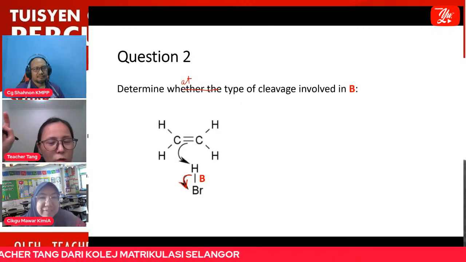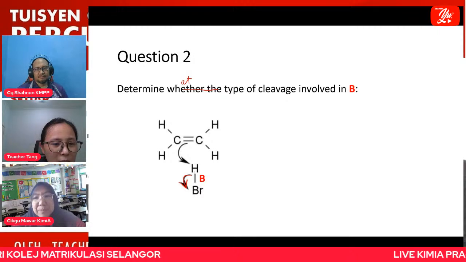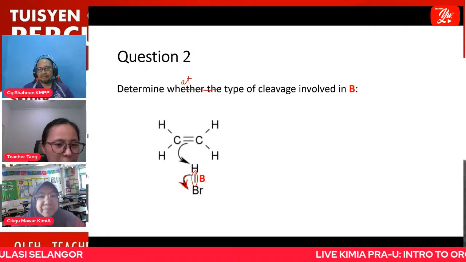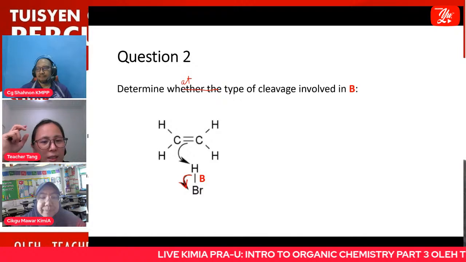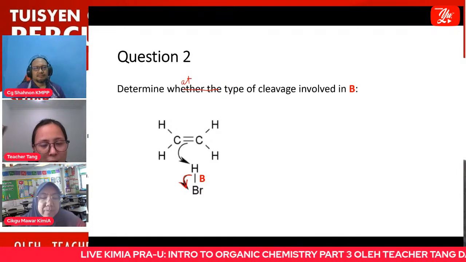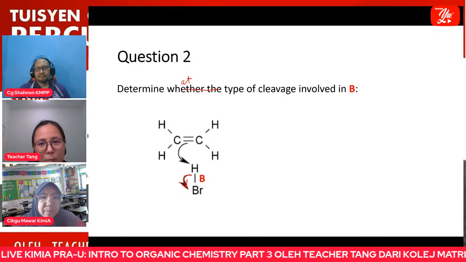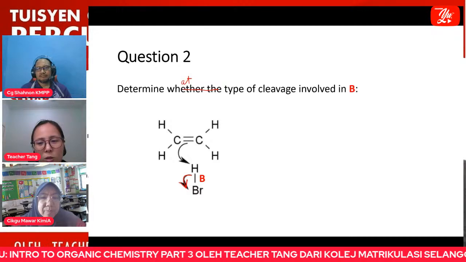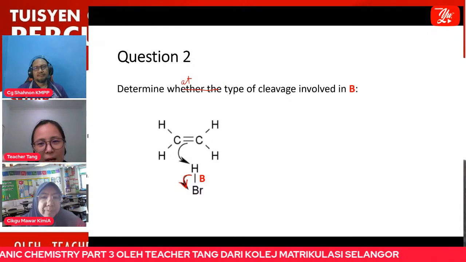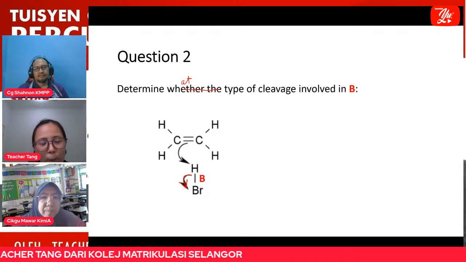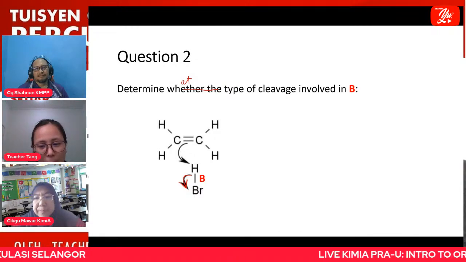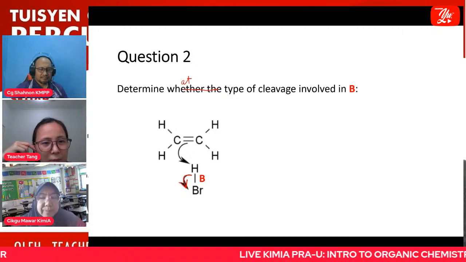In other words, this bond must be a polar bond, where the shared pair of electrons must be closer to the other atom. Sorry, both electrons go to bromine, so bromine must be the more electronegative atom here.